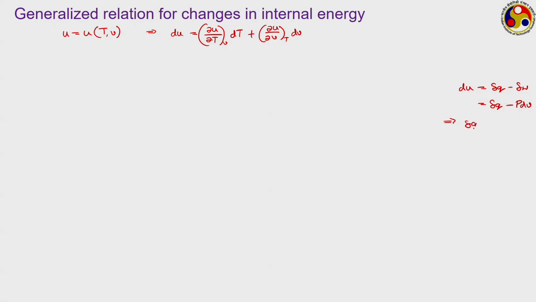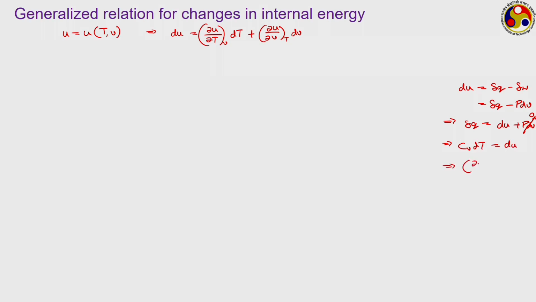If you separate out δQ from there, δQ will be du plus P dV. And if we are talking about a constant volume process, then there is no moving boundary work, which is equal to 0, which gives δQ equal to du, and δQ during a constant volume process can be represented as Cv dT, which will be equal to du.